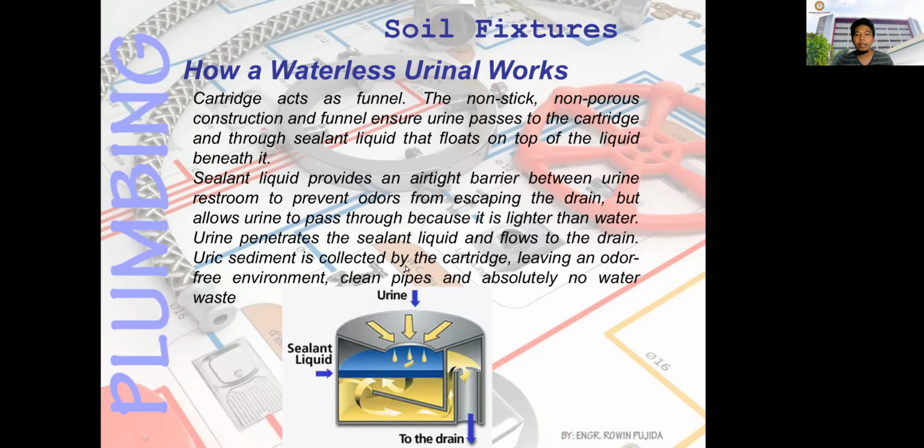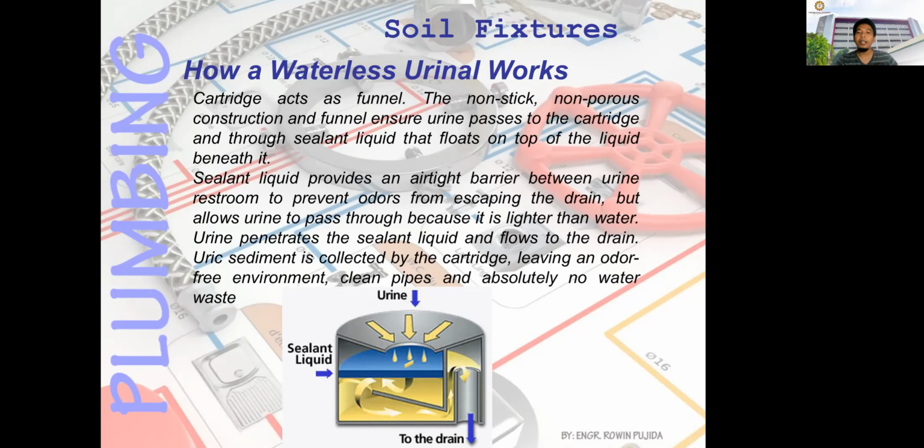Uric sediments are collected by the cartridge. Maybe there is the cartridge here, possibly. Then leaving an odor-free environment, clean pipes, and absolutely no water waste. So that's how the waterless urinal works.